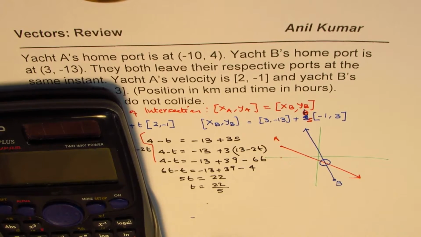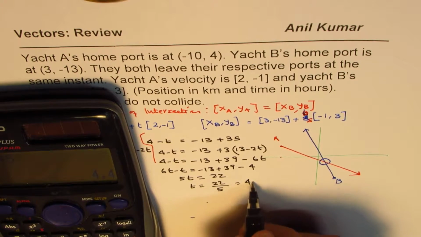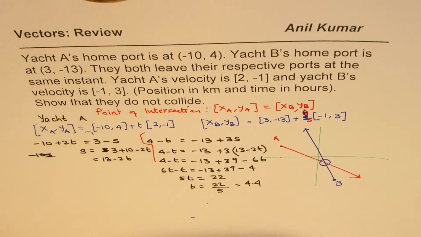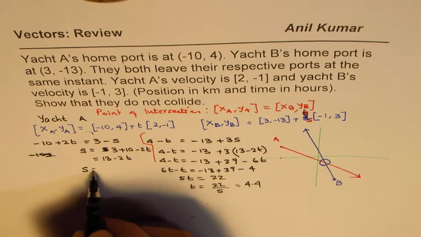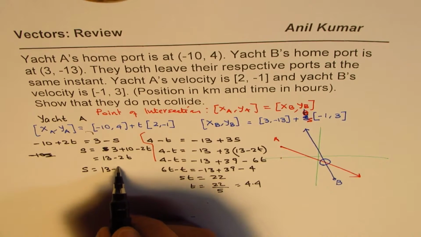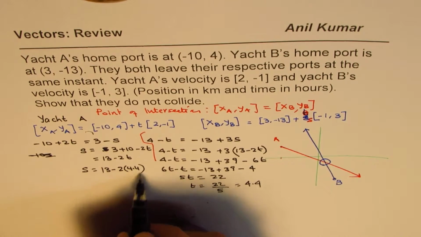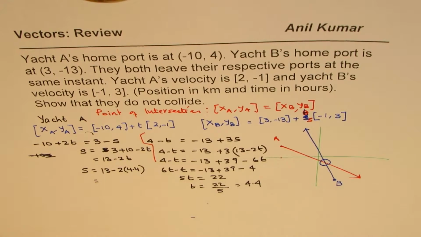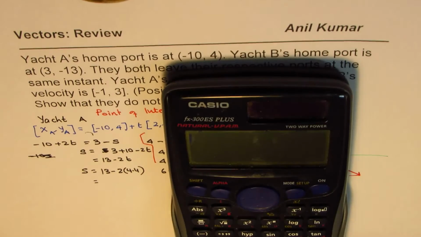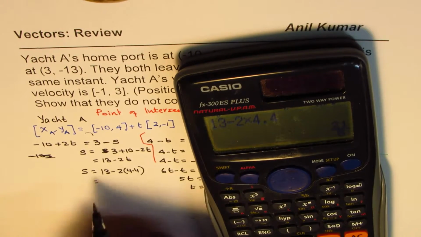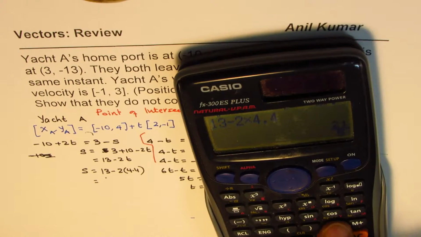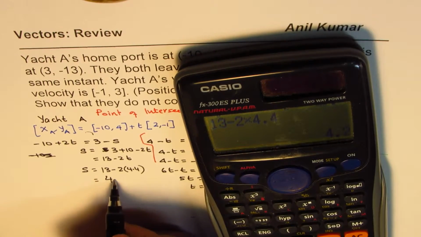So 22 divided by 5 in decimals is 4.4. So t is 4.4, right? So if t is 4.4, S is equal to 13 minus 2 times 4.4, which is 21 over 5, or in decimals 4.2.